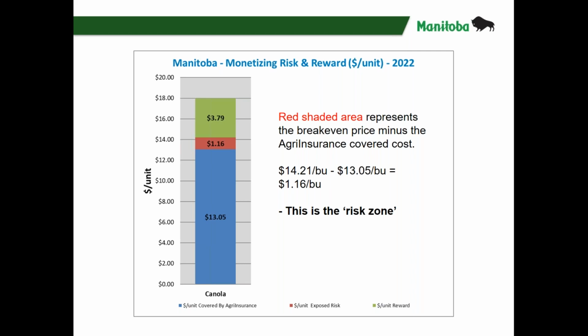So the difference between $14.21 a bushel and $13.05 is $1.16. That's essentially what we're risking. If we were to suffer a loss, that's what the loss would be: the difference between our break-even cost and what our acre insurance coverage is, divided again over our target bushels to come up with that value.